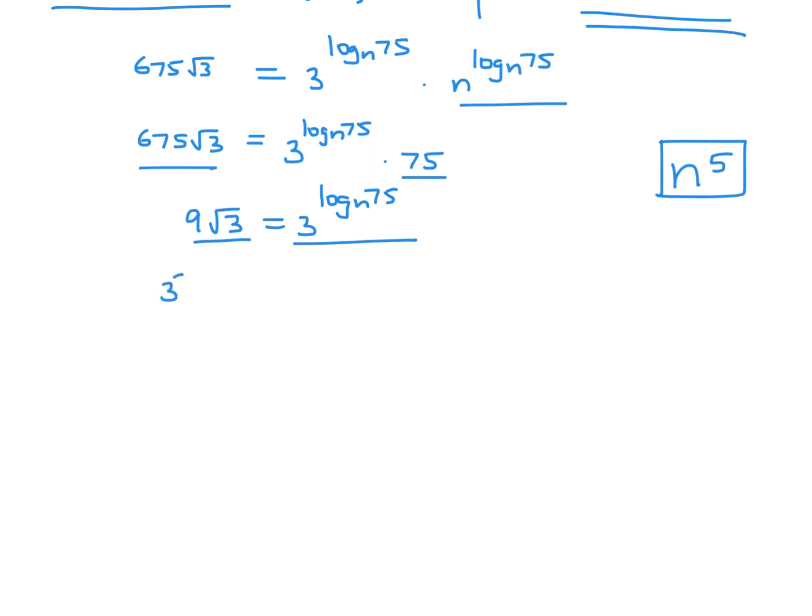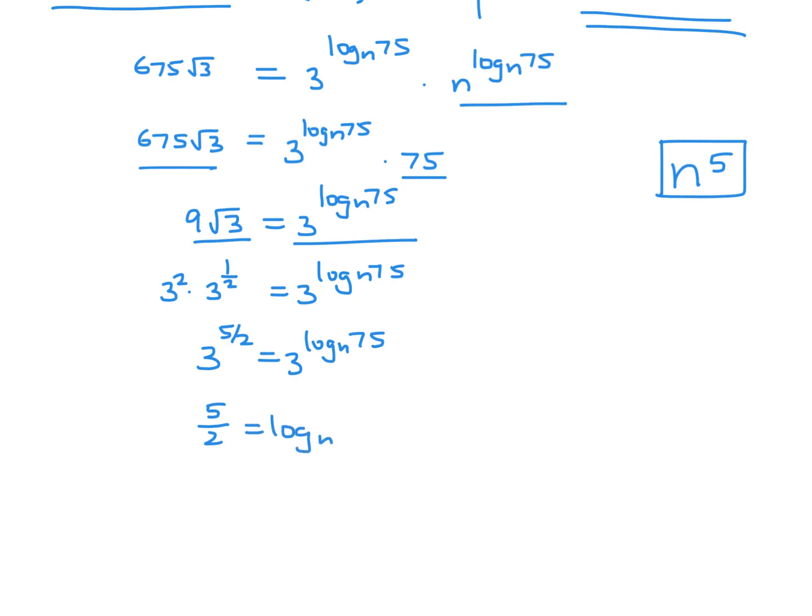So this is 3 squared, and then the root 3 is 3 to the half. So that would be 2.5, so 5 over 2. There we go. So now we have the same bases, so the exponents are the same. So 5 over 2 is equal to the log of 75 to the base n.